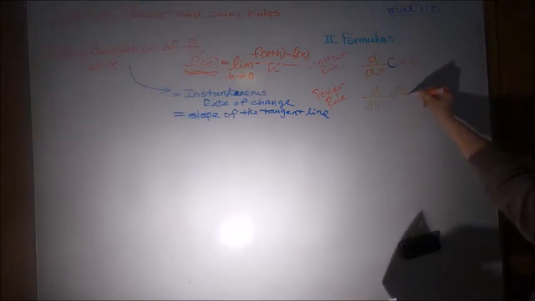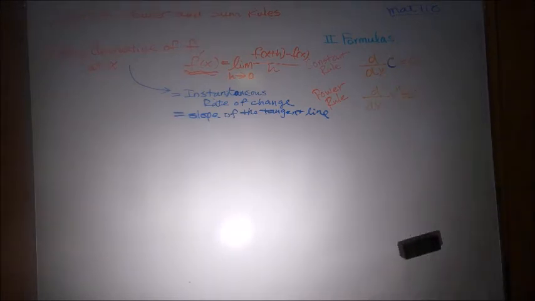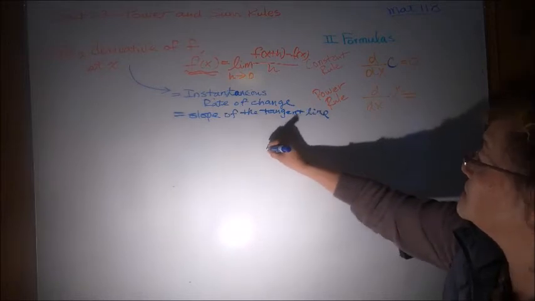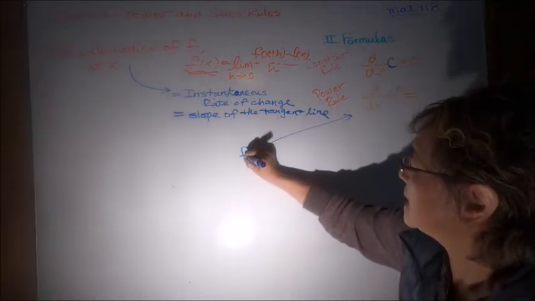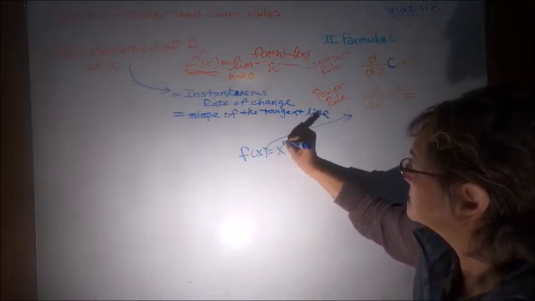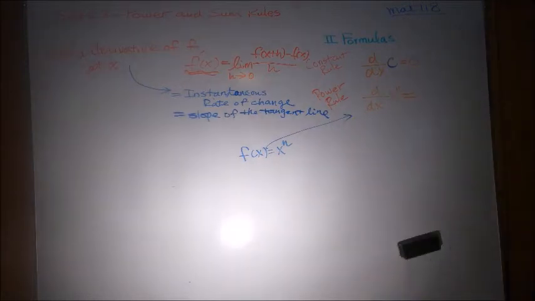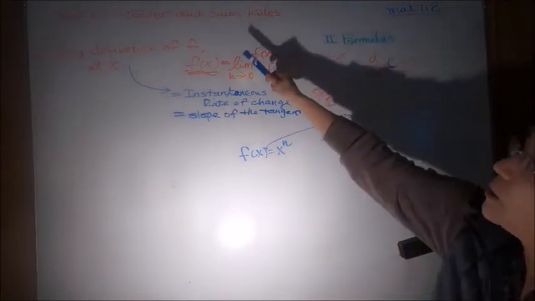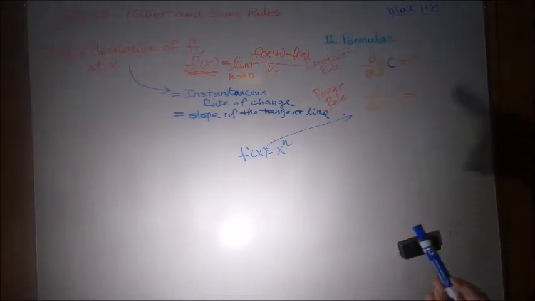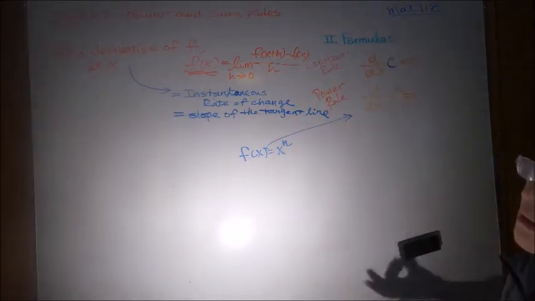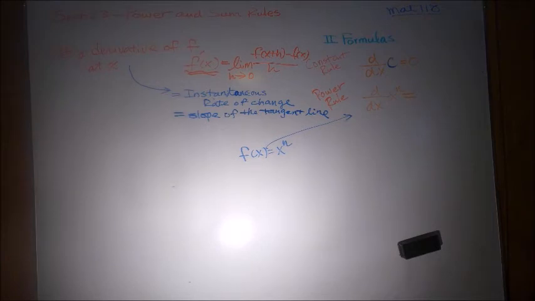So what does this mean? My f of x is x to the nth power. We are talking about power and some rules right now, the basics. Just like you add, subtract, multiply, and divide, multiplication repeating itself is the power, right?